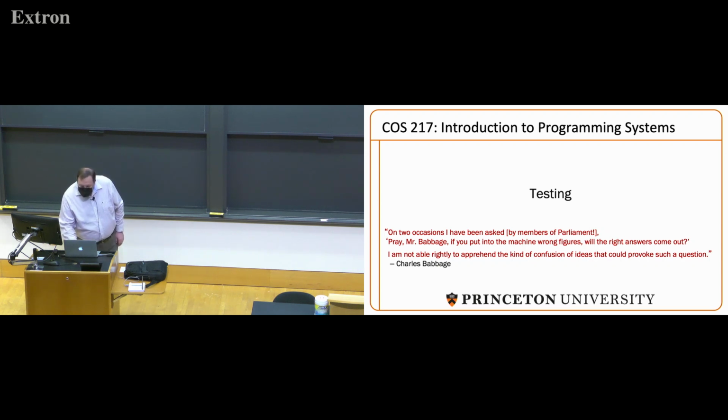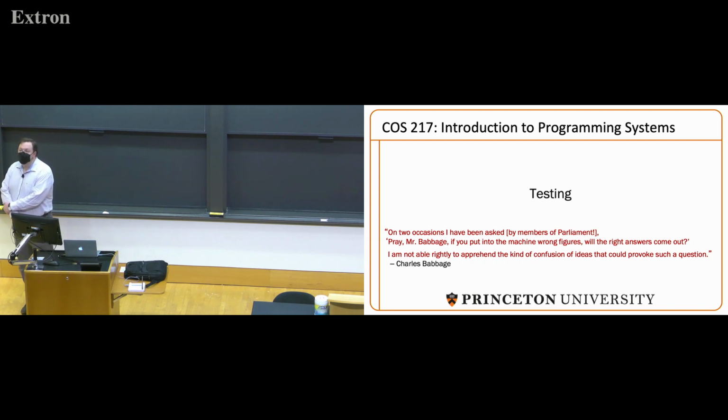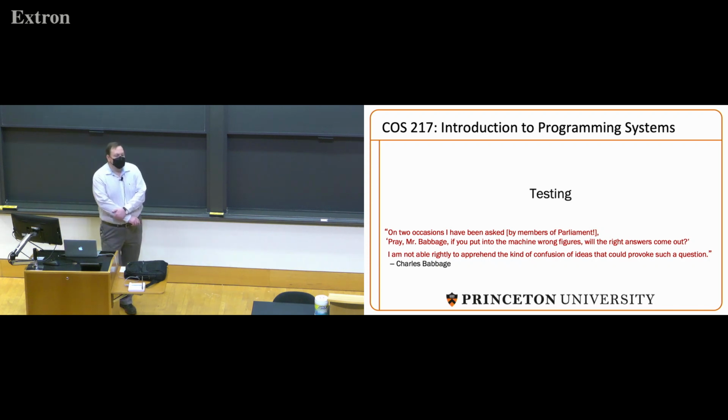All right, so the remainder of today we're going to spend talking about testing programs. Interesting little quote from Charles Babbage, the inventor of one of the very early mechanical computation engines, I guess he called it. I don't remember exactly. Anyway, one of the very early computers.